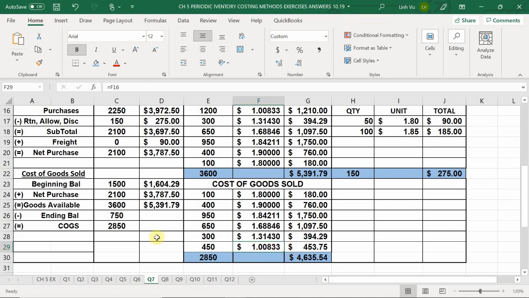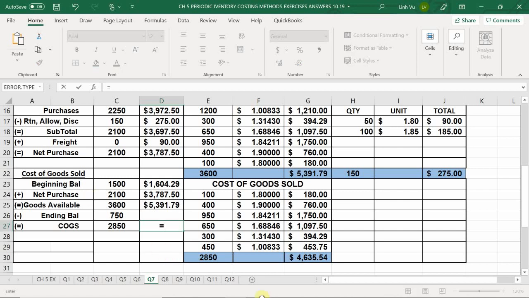So now that brings me to a total of 2,850 units at a grand total cost of $4,635.54.